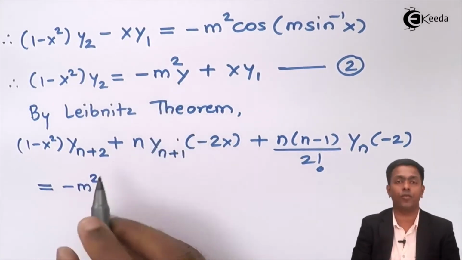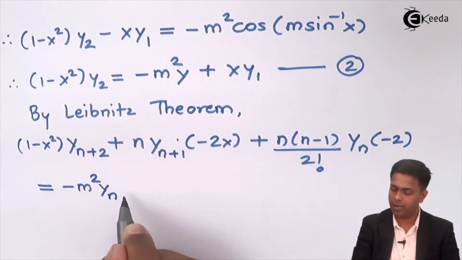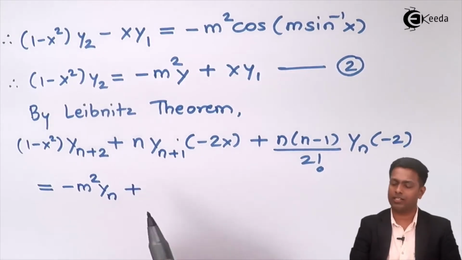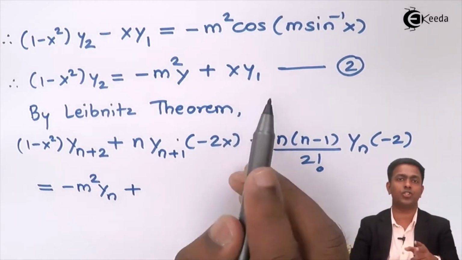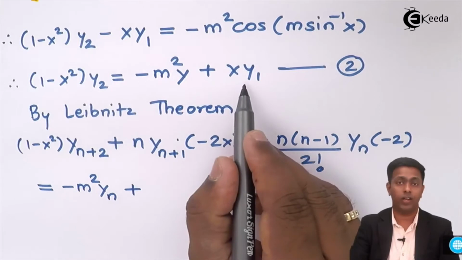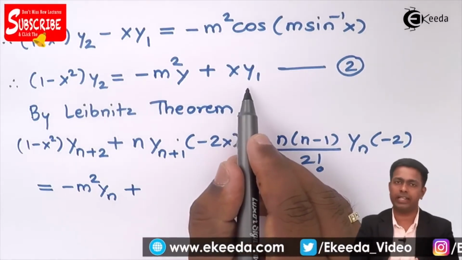The nth derivative of y is given as yn, plus, now guys, here again we have x into y1, that is the UV rule. So we'll again apply the Leibniz theorem to get the nth derivative.